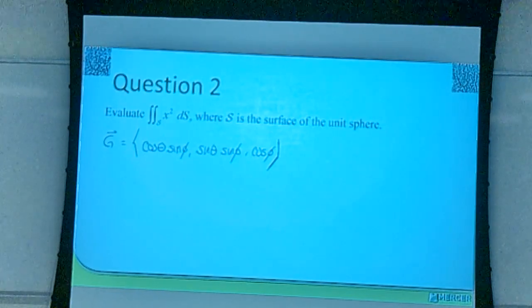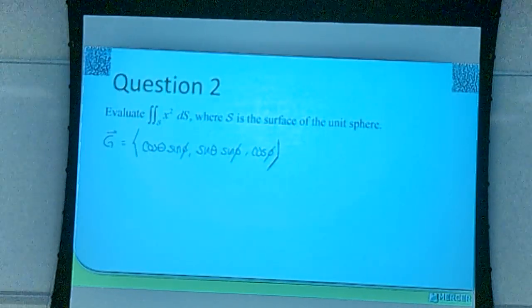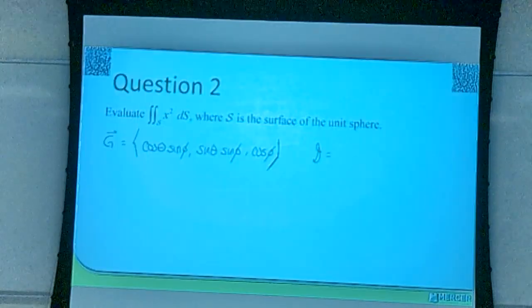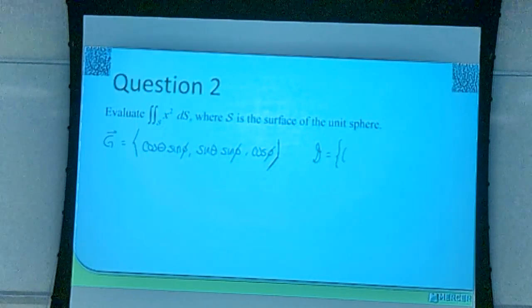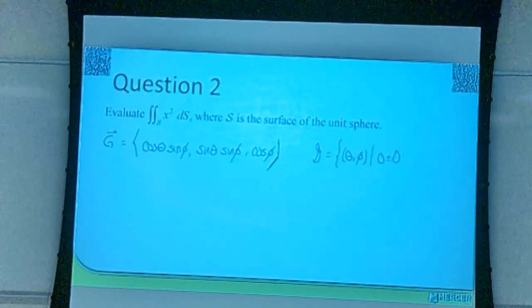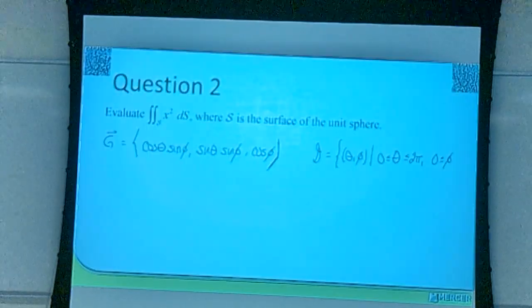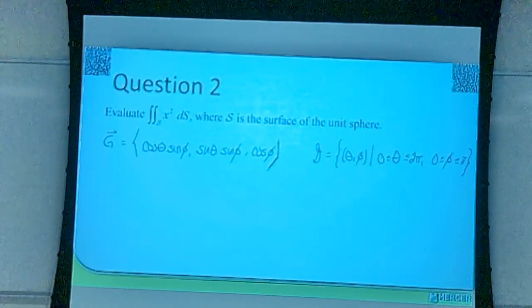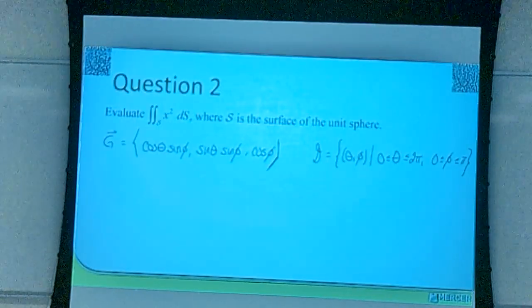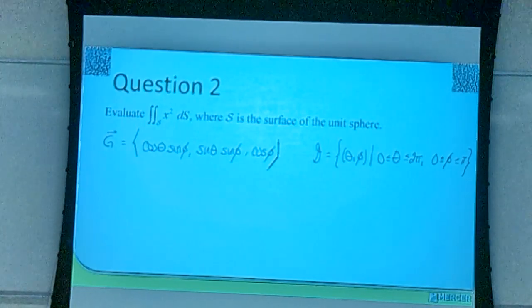But for the unit sphere, rho is the radius of the sphere, so it's just 1. There's no restriction, so theta and phi are everything: 0 to 2 pi and 0 to pi respectively.